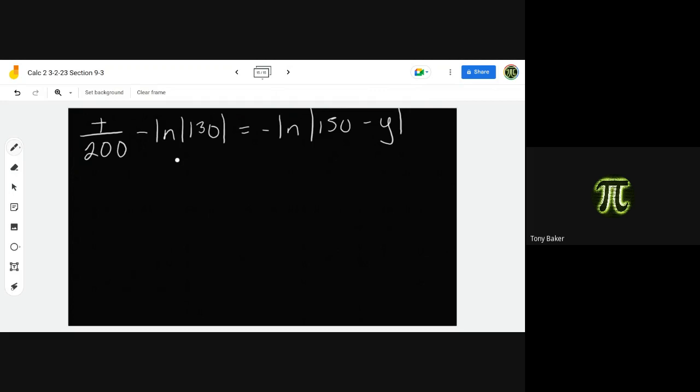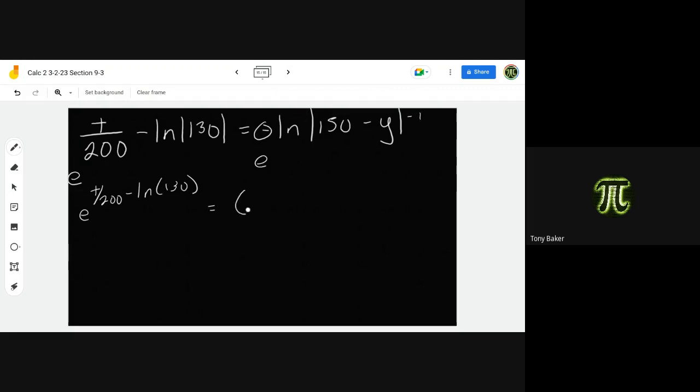All right, if we take e to the both sides, I have e to the T over 200 minus ln of 130 equals, and the negative sign, let's move this up top here.